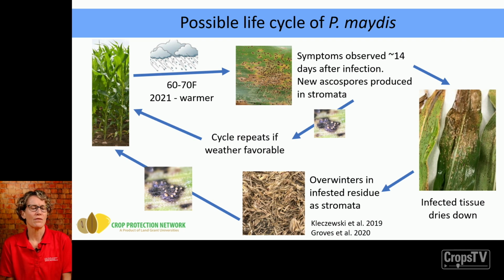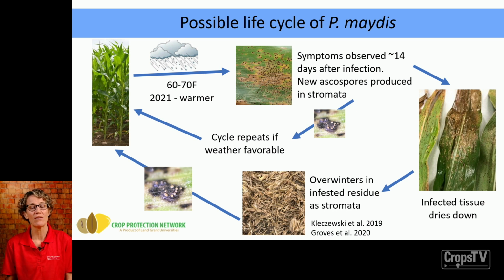So the fungus that causes tar spot is called maydis, and this is the possible life cycle of this disease. We're still learning a lot about the pathogen and about disease development, but we know that the pathogen is able to survive in infested residue in those thick black stroma that are embedded in the leaf tissue.